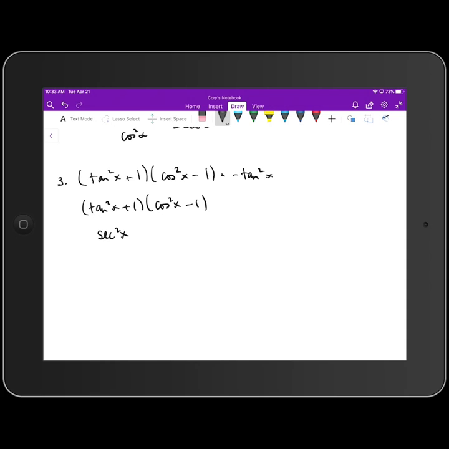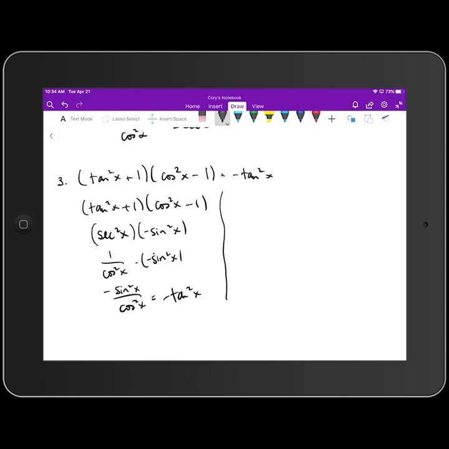And then for cosine squared of x minus 1, that's going to become negative sine squared. So secant squared, I can rewrite as 1 over cosine squared times negative sine squared, which becomes negative sine squared over cosine squared, which is negative tangent squared.